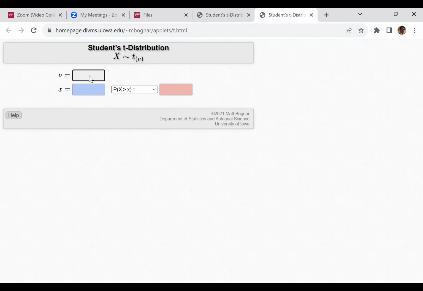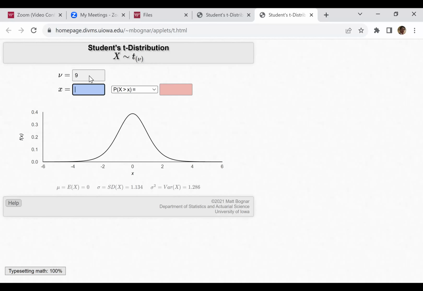So the degree of freedom is 9. And the T value, or T0 value, which is X in the applet, is negative 0.26, and the alternative is doesn't equal. So this is the p-value, 0.8.